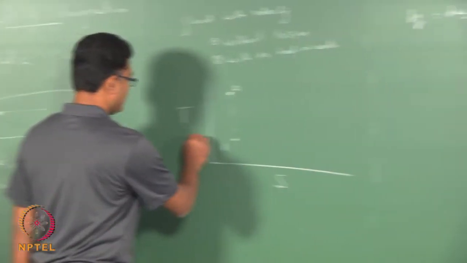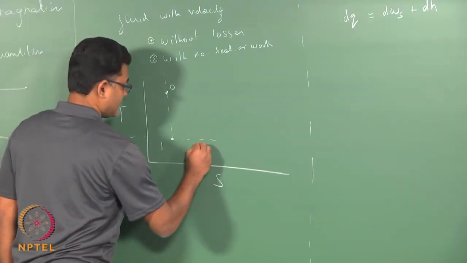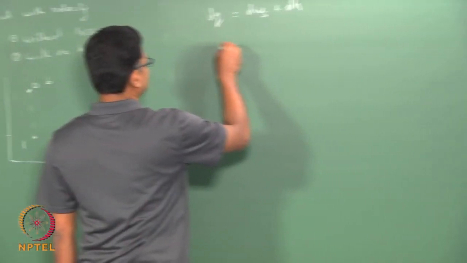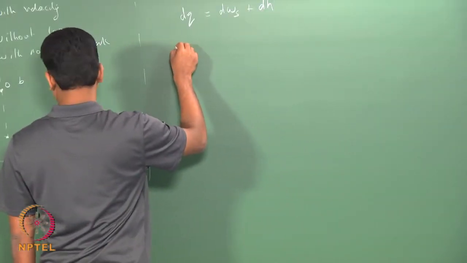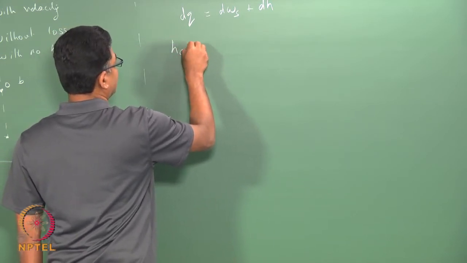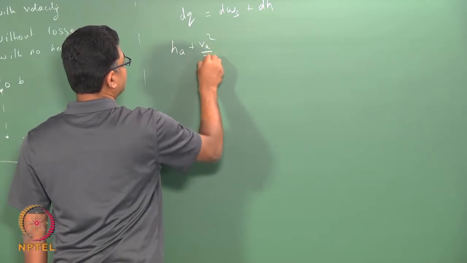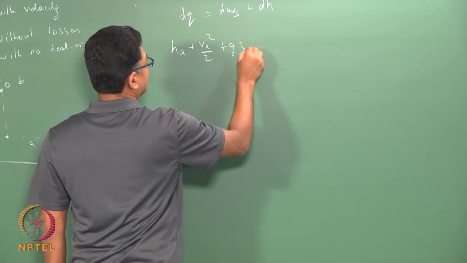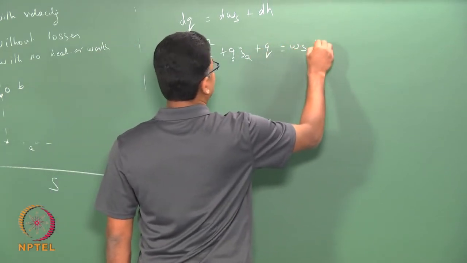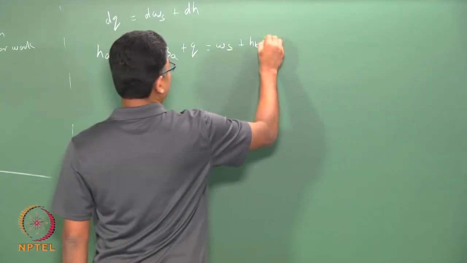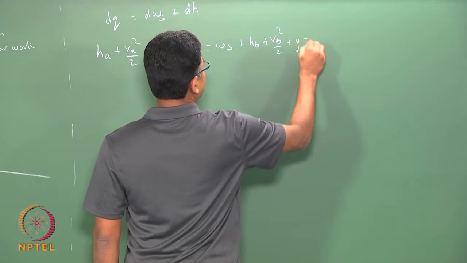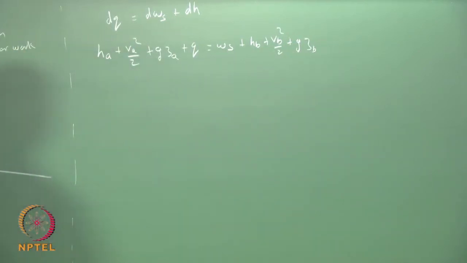If this condition is my state A and this is my state B, I would have HA plus VA square by 2 plus G ZA plus Q equals WS plus HB plus VB square by 2 plus G ZB. Now, what did I assume?